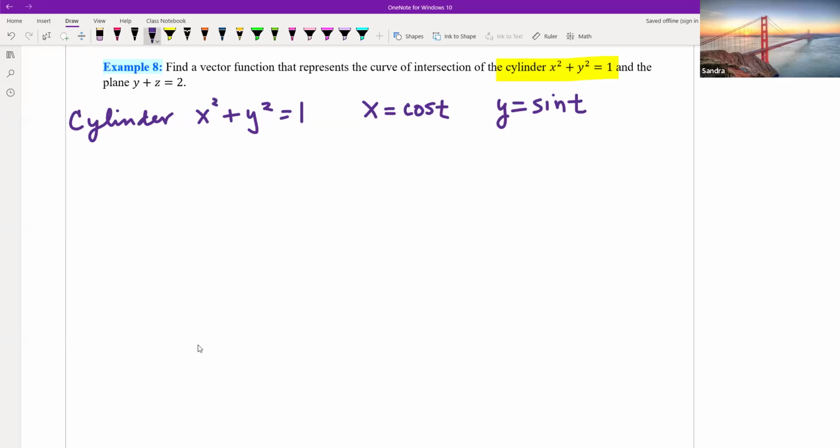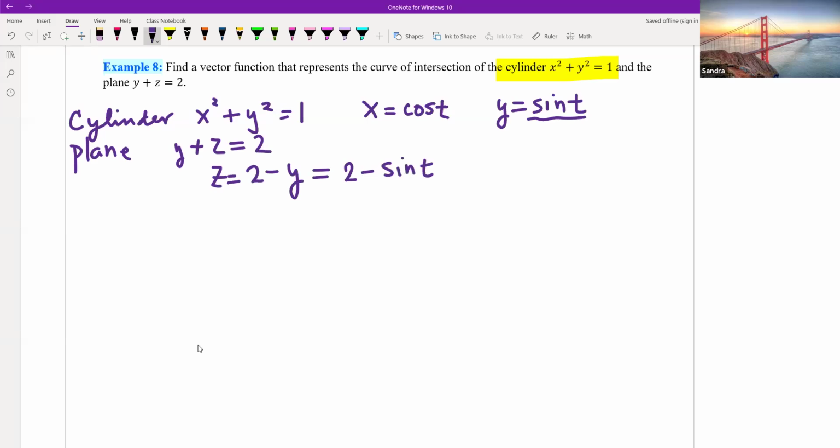Okay, with that in mind, now I can use the plane y plus z equals 2 because I can solve for z, and z would be equal to 2 minus y, but y is sine t, so this is 2 minus sine t. And all right, so then that's it.